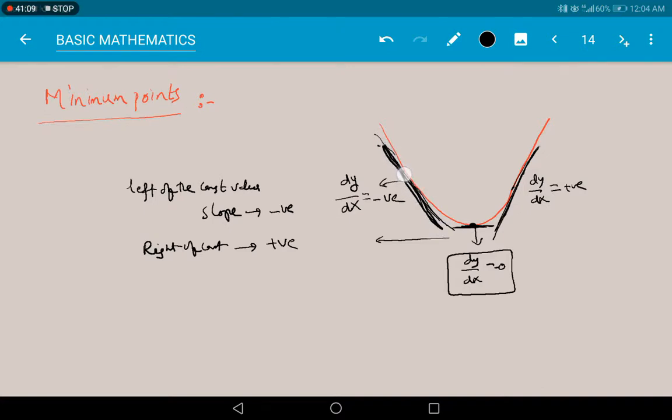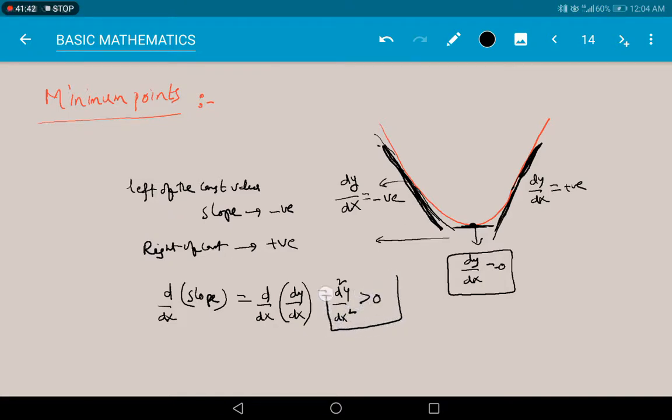So therefore we can write d by dx of slope, d by dx of dy by dx, we can write d square y by dx square, that should be greater than 0.